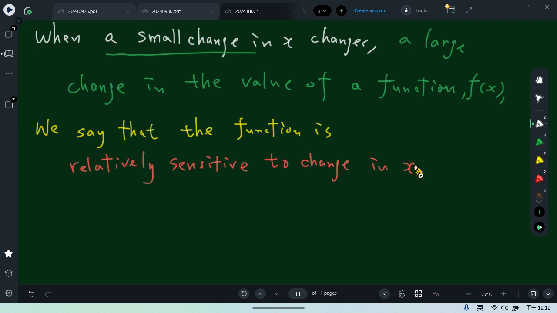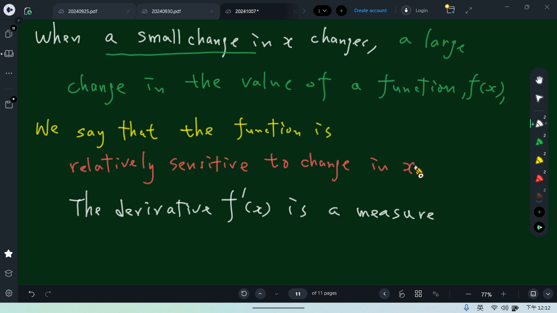And how do we evaluate the sensitivity? The derivative f prime of X is a measurement of the sensitivity. If you want to know how sensitive the function is, you can just get its derivative.